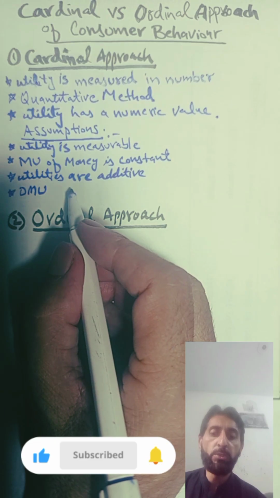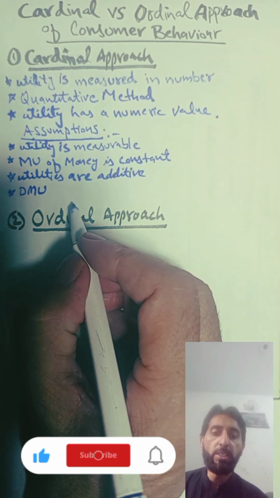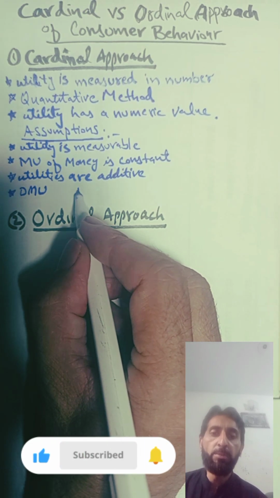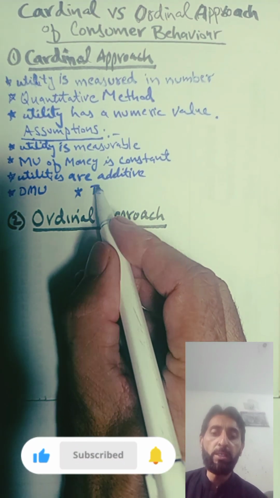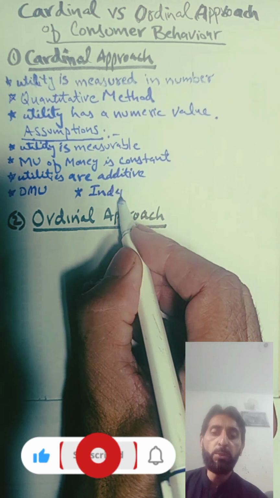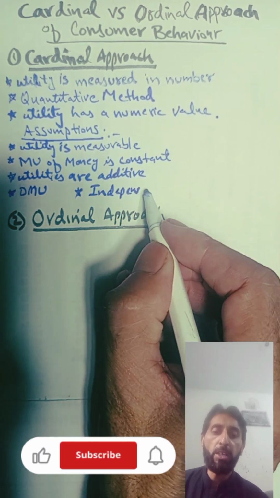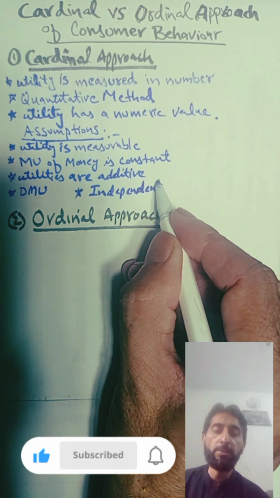So, the total utility derived from n units of a commodity, Un, is equal to u1 into x1 plus u2 into x2 plus u3 into x3 and so on.